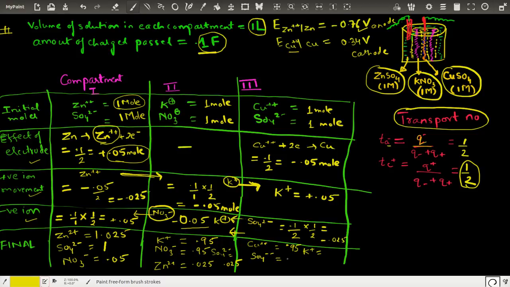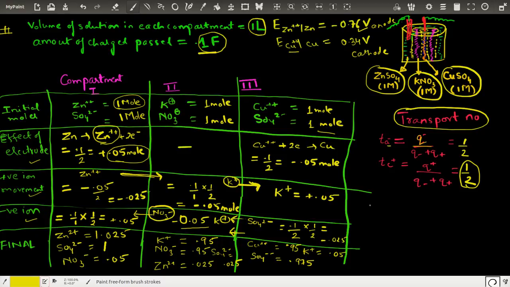Sulfate, we can see that initially it was 1, 0.05 was formed, out of which 0.025 migrated, so what is left behind is 0.975. Potassium, this is coming from compartment 2, so it is 0.05. So this is the final situation in all the 3 compartments.